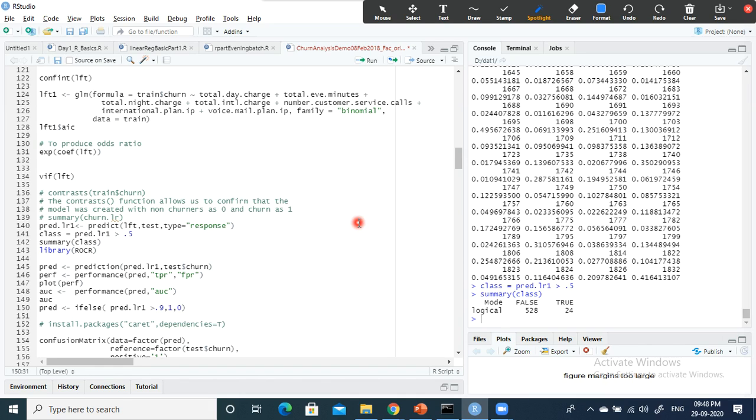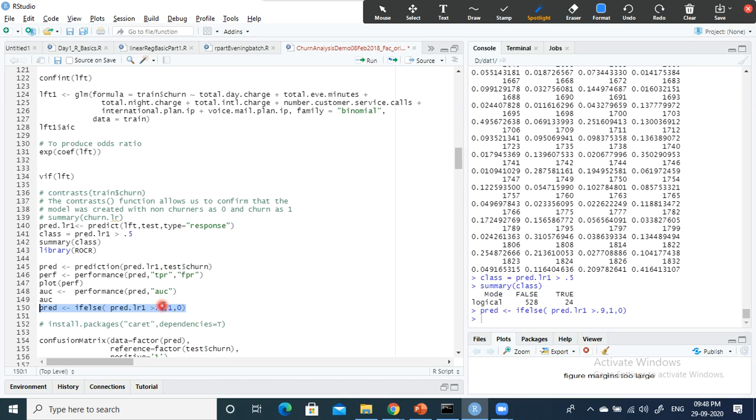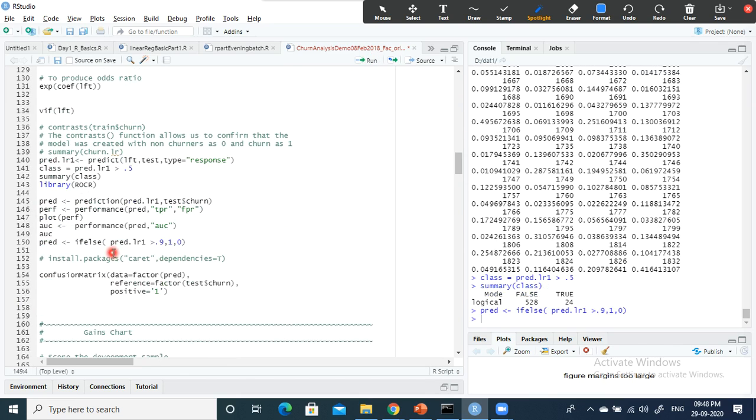All you want to do is check which customers are more likely to leave, and then I consider them as churners. This is where I am defining the cutoff. This is the cutoff value. Those customers or employees whose assigned probability is 0.9 and above, I consider them churners.